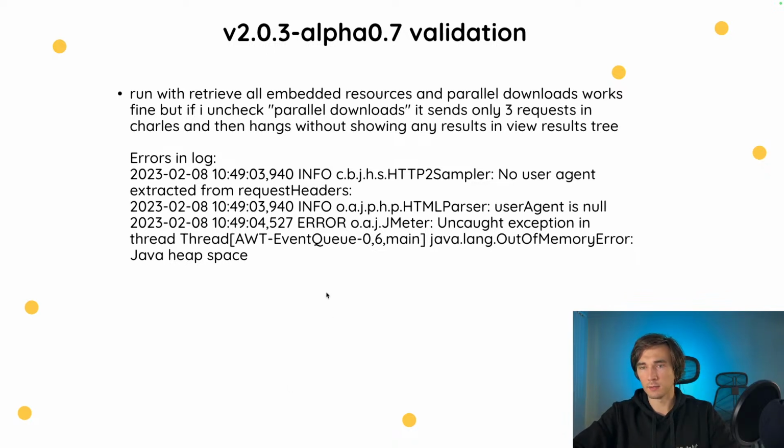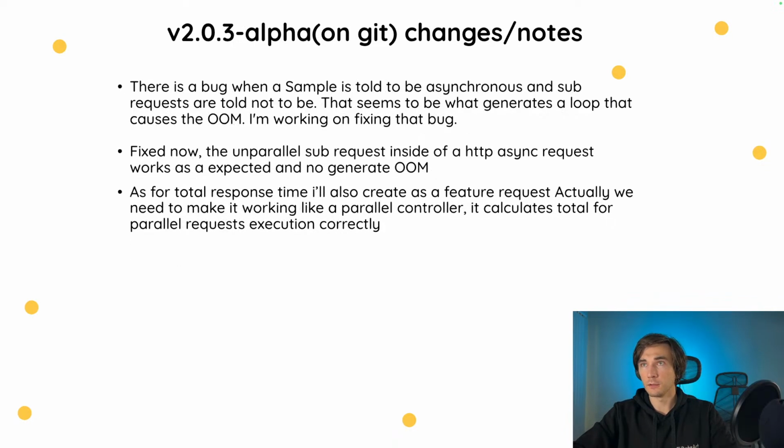You can see the error in the logs with out of memory errors. That's quite interesting: parallel execution is not throwing any errors, but sequential execution with a single thread fails with an out of memory exception. I hope that you will not face these issues. You will not face issues which are already fixed, but who knows?